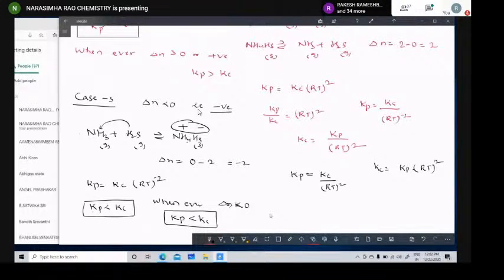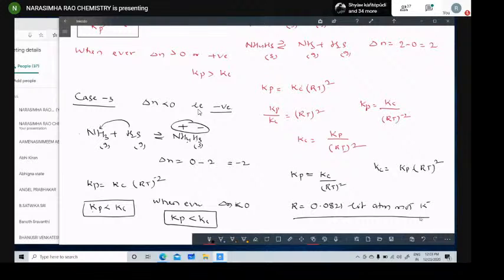Yes, sir. Now here R value is 0.0821 liter atm mole inverse Kelvin inverse. It's clear.